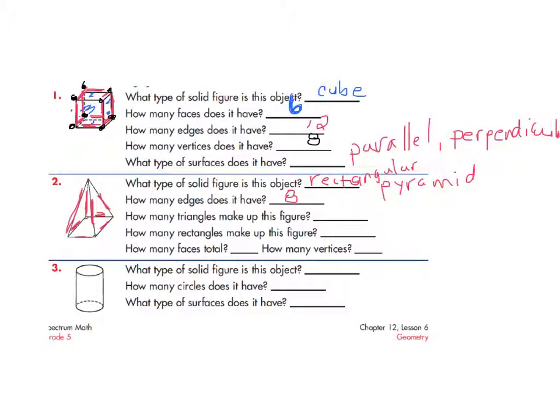Well, we have 1, 2, 3, 4 triangles around the side. How many rectangles? Well, 1, which is the base. How many faces altogether? Well, we have 4 triangles and 1 rectangle, we have a total of 5. How many vertices? Vertices I'm going to make black. 1, 2, 3, 4 around the base, and then of course 1 up top. So 5 vertices.